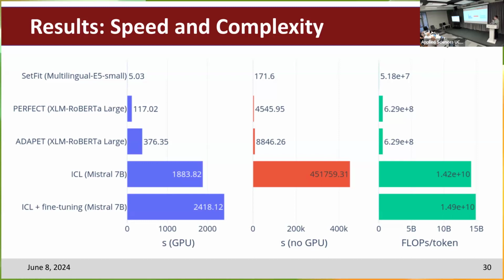Here you can see that for inference both on GPU and without GPU, it by far surpasses other methods, while predictably in-context learning lags far behind. Other methods are in between.